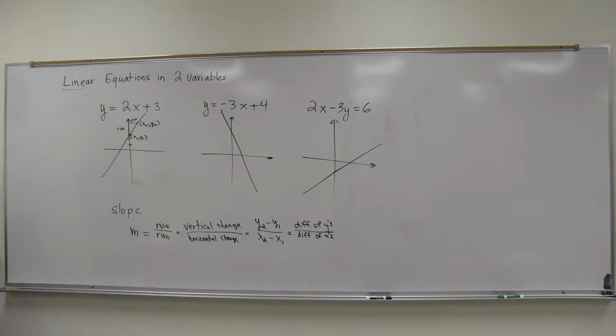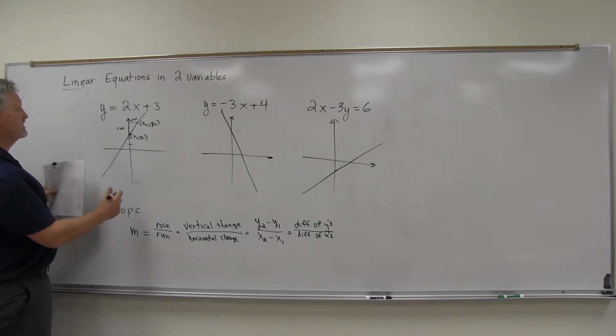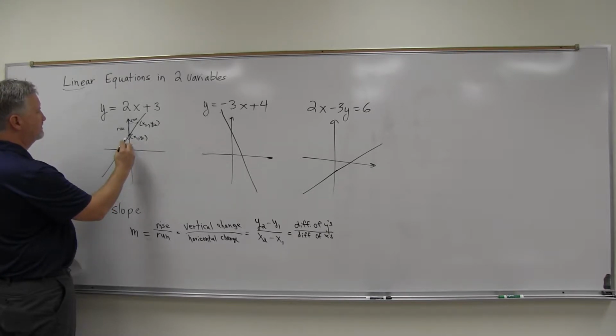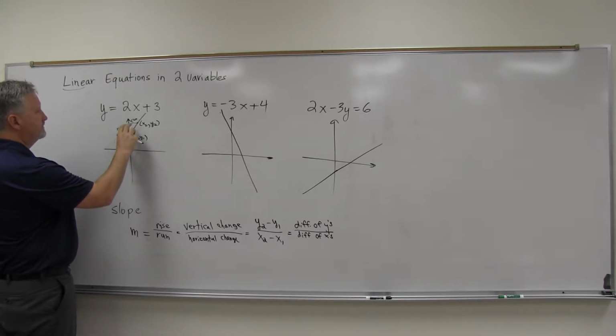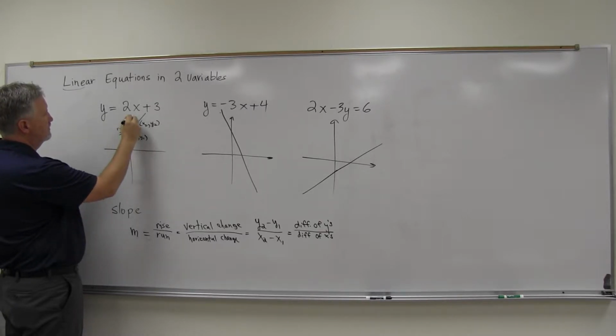Now, let's go ahead and talk about positive and negative slopes a little bit. We can see here, maybe I didn't do such a great job of graphing my line, but it turns out for this one the rise would be 2 and the run would be 1.